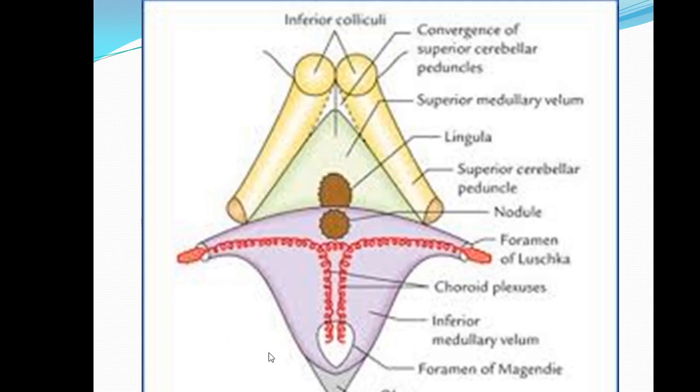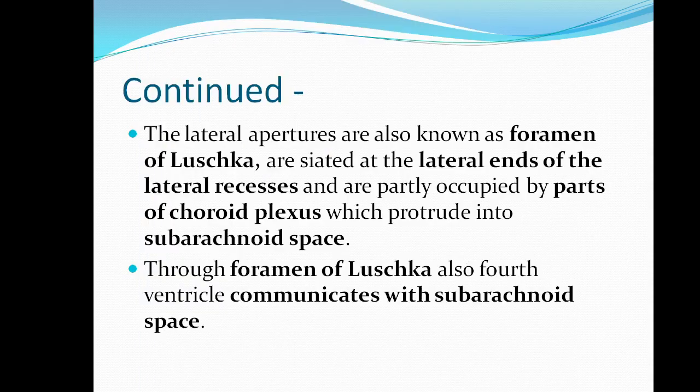Here you can very well see the foramen of Magendie, through which the fourth ventricle communicates with the subarachnoid space. Here is the foramen of Luschka. The lateral apertures are also known as the foramina of Luschka.